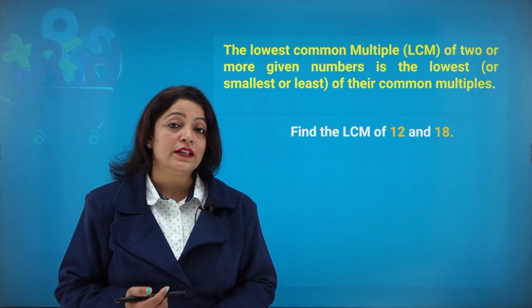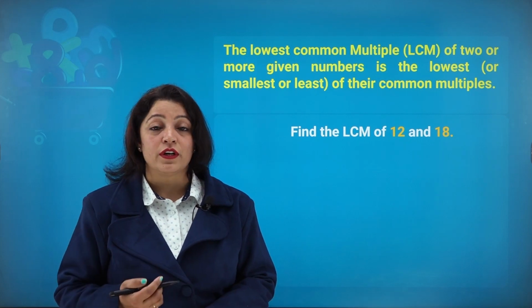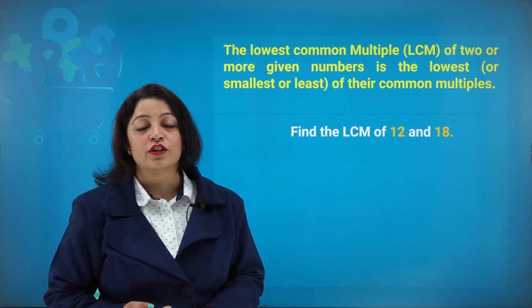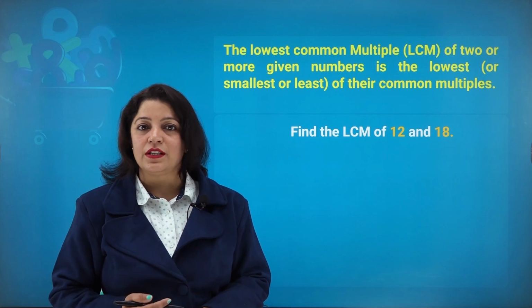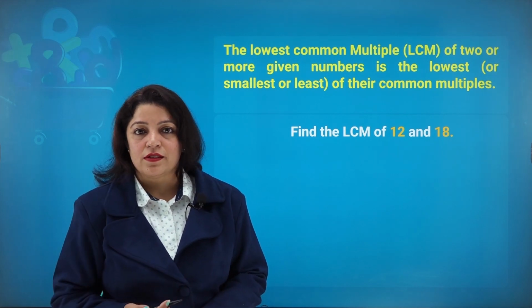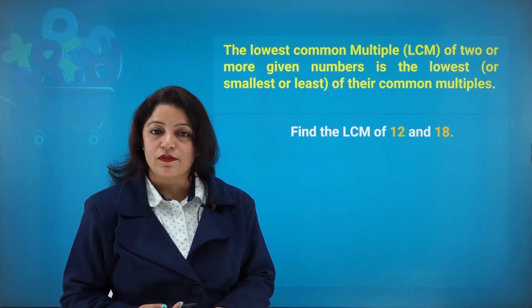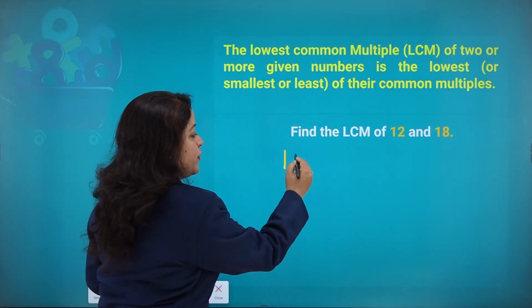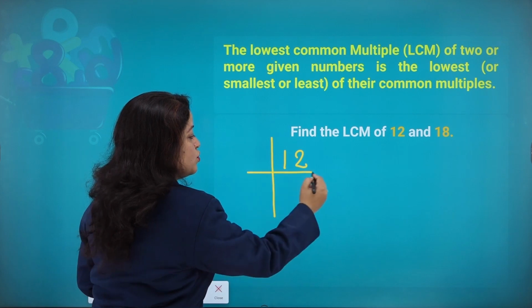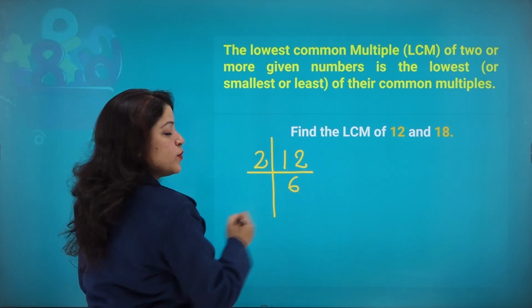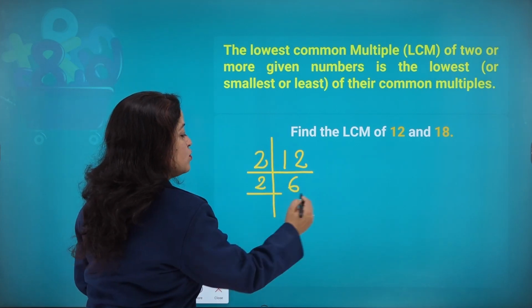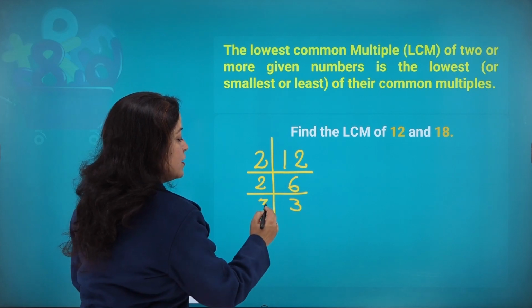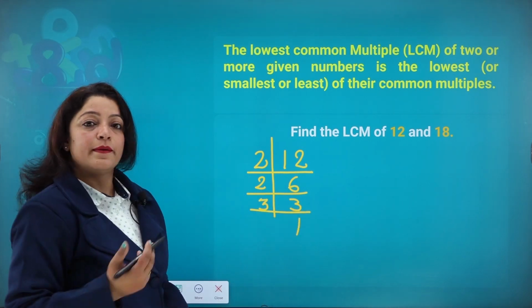So for finding the LCM also, we have to find the prime factors of the number 12 and the number 18. So if you go by prime factorization, you'll find the factors of 12 as, see how we can find that? I can write here for 12, 2 and 2 6s are 12. Again it will go by 2 and 2 3s are 6. Again it will go by 3 and 3 1s are 3.